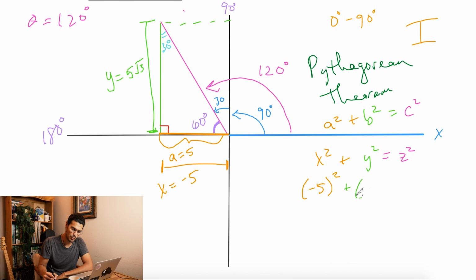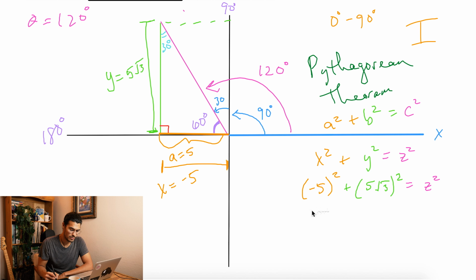So (-5) squared plus (5 root 3) squared, and I gave you that value. That this vertical side is 5 root 3, I'm not expecting you to understand that already. We're going to talk about that later in future episodes. But this (5 root 3) squared has to equal z squared.